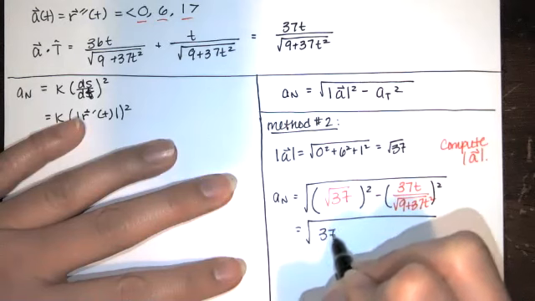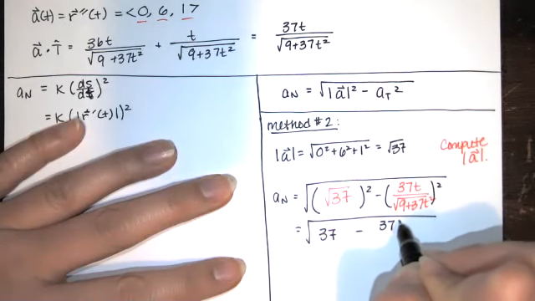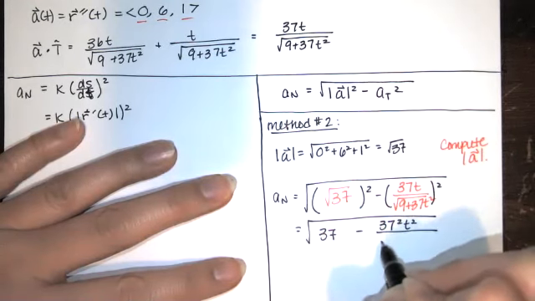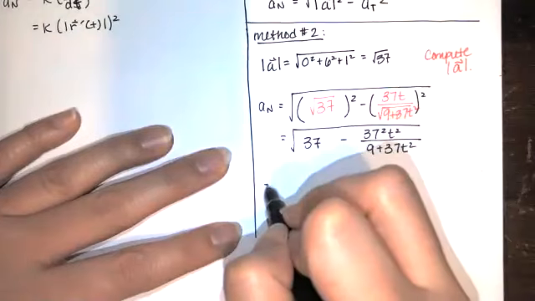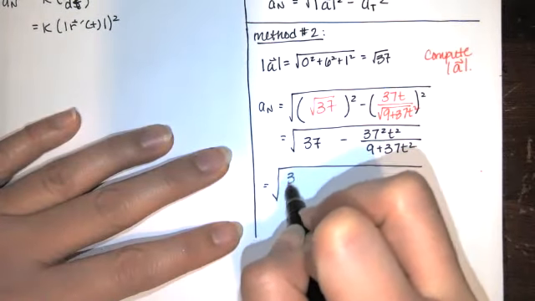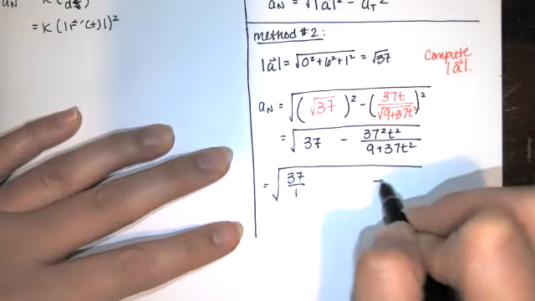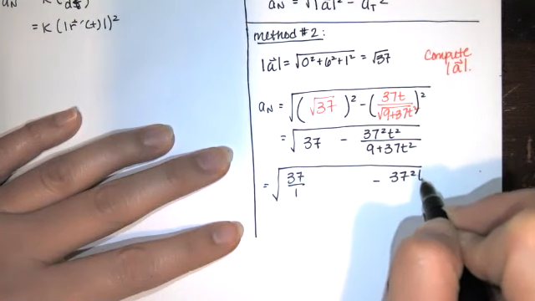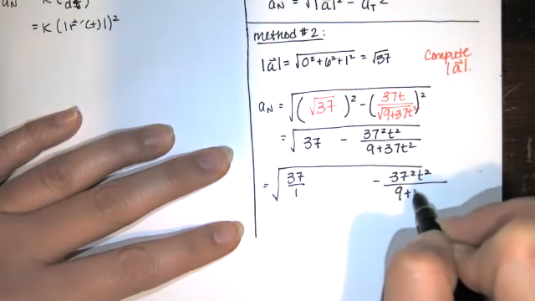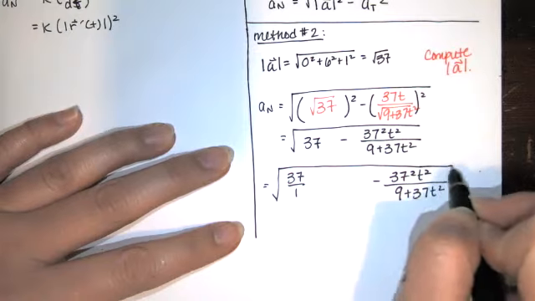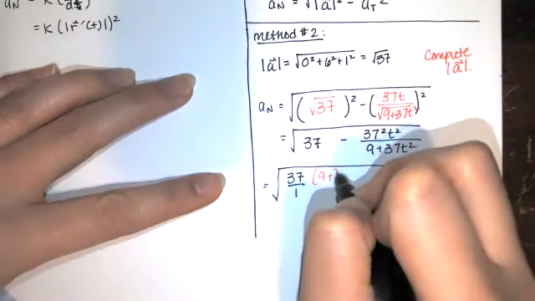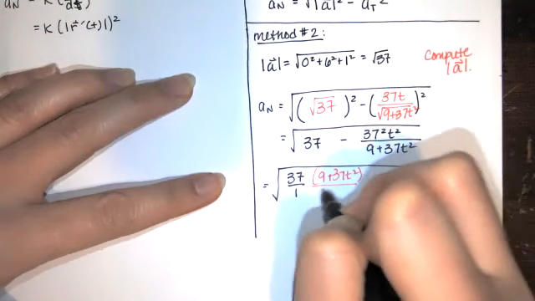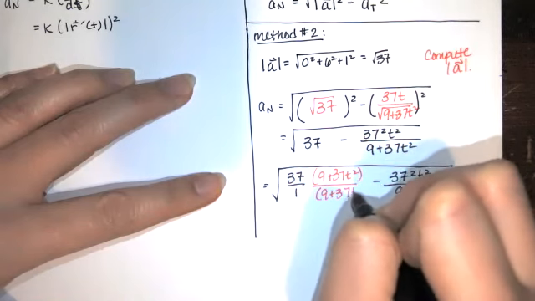So we have a 37 here, and then we have a 37 squared t squared over 9 plus 37t squared. Probably want to get a common denominator. So this is 37 over 1 times the square root of 9 plus 37t squared over the square root of 9 plus 37t squared.